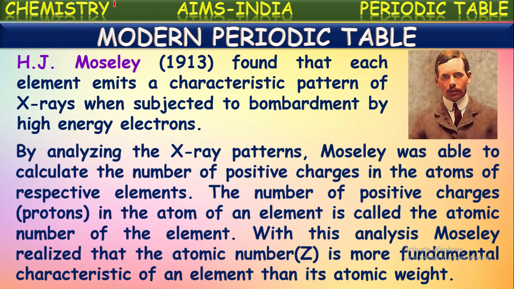But for the first time Moseley identified atomic number as a more fundamental characteristic than atomic weight for an element, because in X-ray diffraction experiments each element emits a characteristic pattern of X-rays. So it differs from one element to another in these X-ray patterns. From this analysis, he concluded that atomic number is more fundamental than atomic weight of an element.